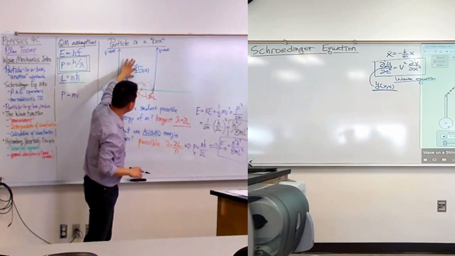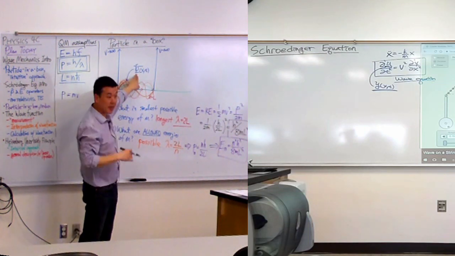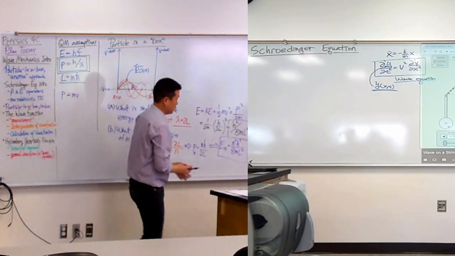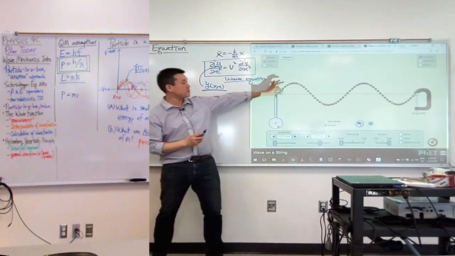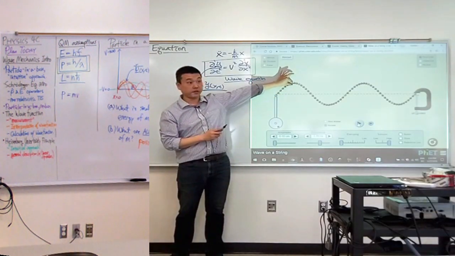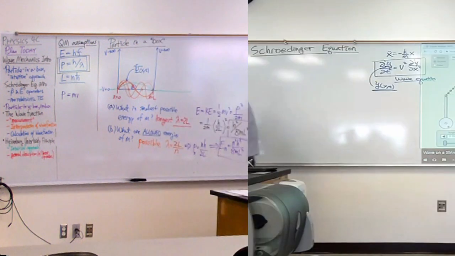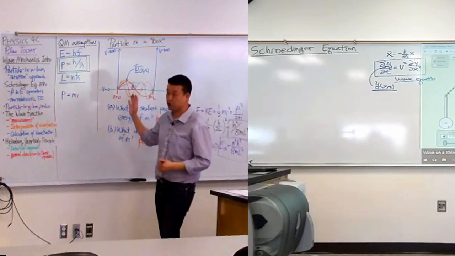And at this point, it's very mysterious what this function actually represents. With a wave on a string, I can actually tell you, this y represents the height of this piece of string. But here, I don't actually have a piece of string.